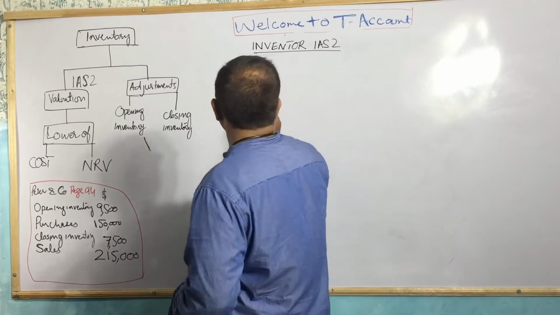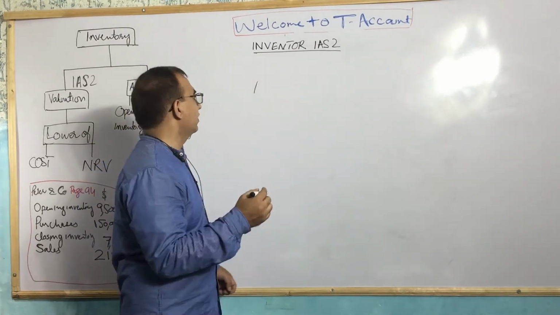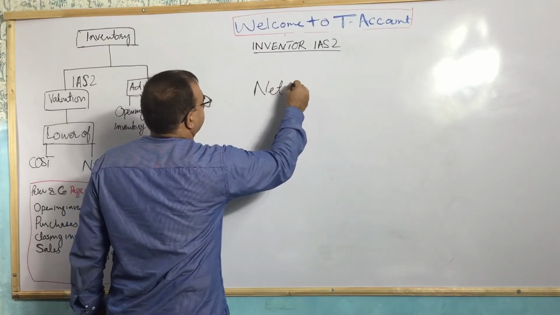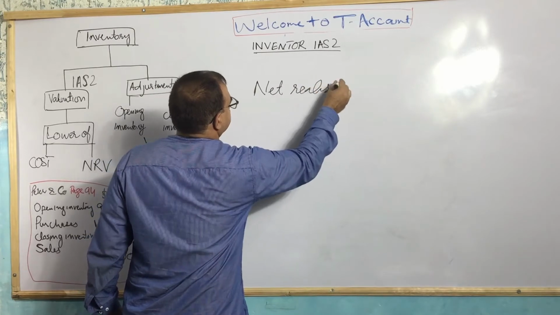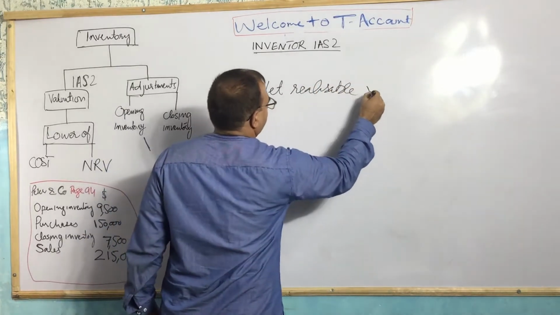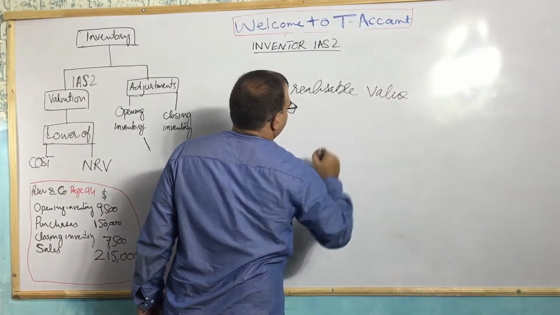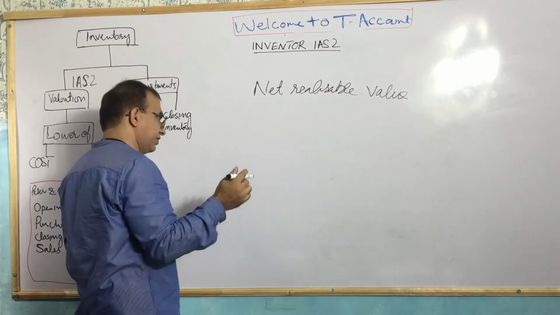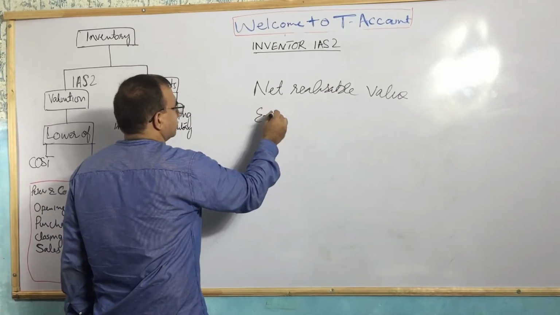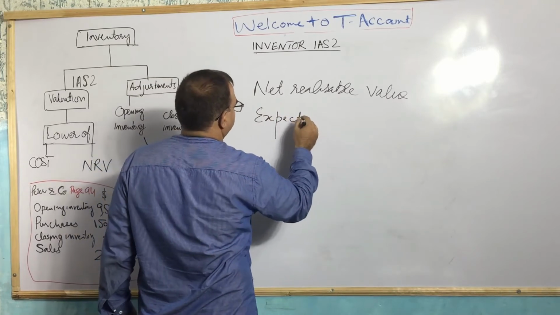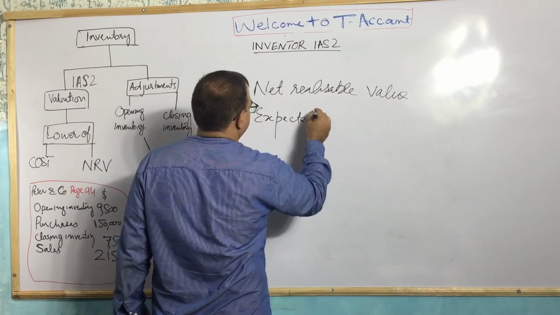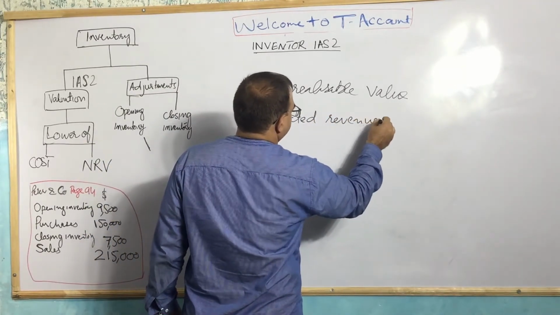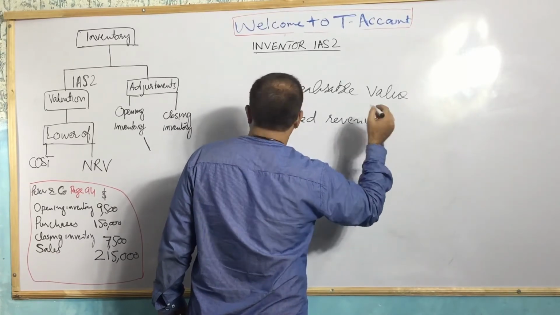Net realizable value is expected revenue. If you sell an item of inventory, what are you going to get? Expected revenue from sale. I don't go into detail.